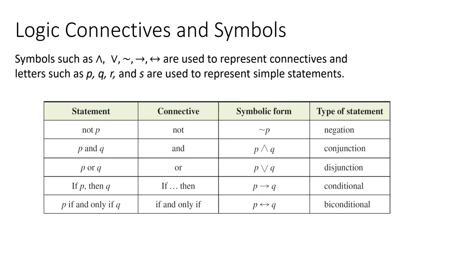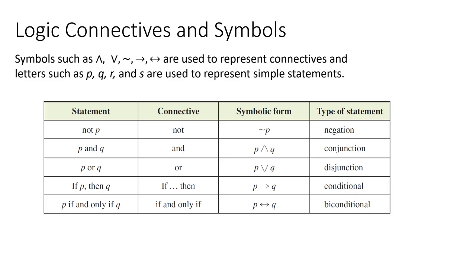If I want to connect two statements, P and Q, with the connector and, the symbol is going to be kind of like a triangle. And we call it the conjunction. If I want to connect two statements with the or, then I use kind of like a V letter, and it's called the disjunction.